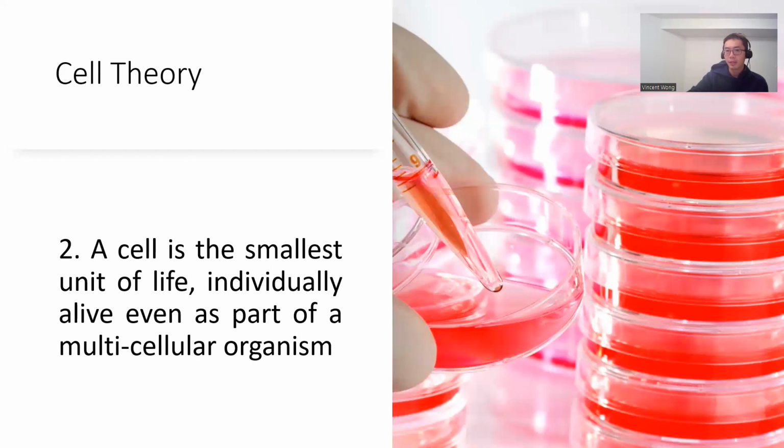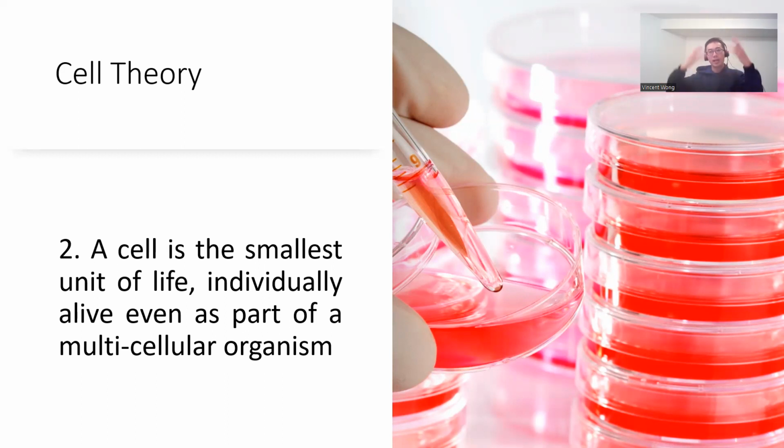The second part of the cell theory states that the cell is the smallest unit of life, which I kind of explained to you already. It has all the properties of the living thing, and they are individually alive, even though they are part of a multicellular organism.